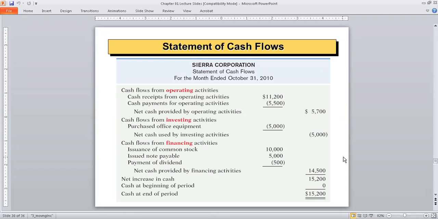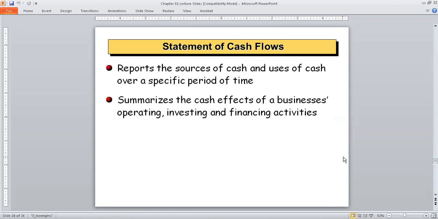All right, we'll talk a little bit about the big picture of the statement of cash flows, but the first chapter that you have in Accounting 2 will be an entire chapter on the preparation of the statement of cash flows. Right? The statement of cash flows, as the name indicates, is a look at the sources and uses of cash in a business. Right?